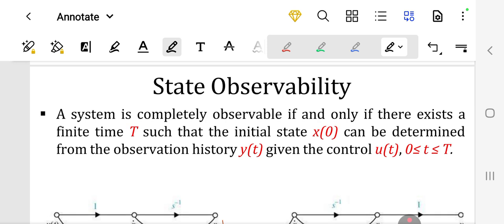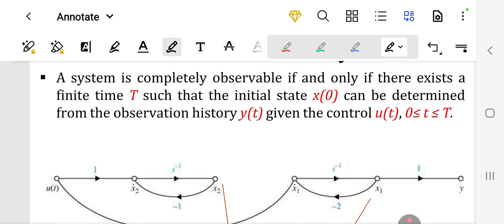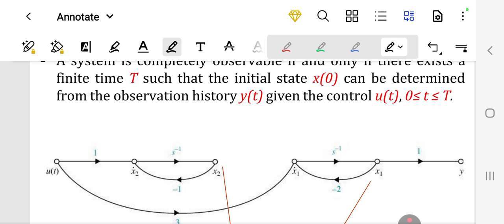Another thing we have to know is state observability. A system is completely observable if there exists a finite time t such that we can obtain the initial states x of 0 by using the previous observations of y.